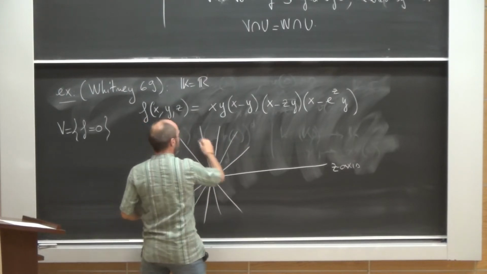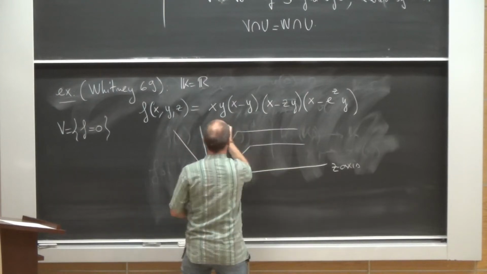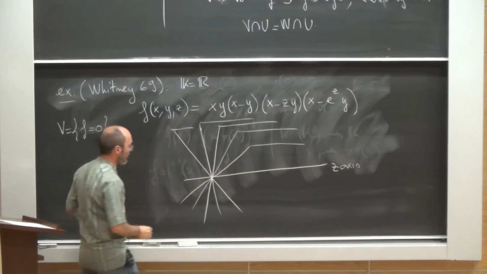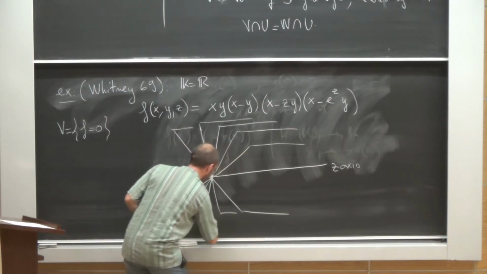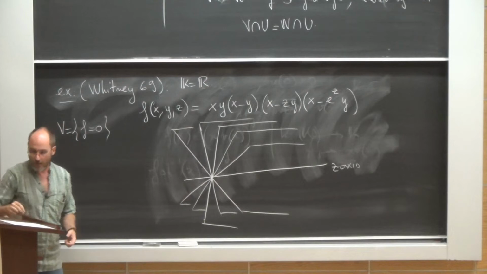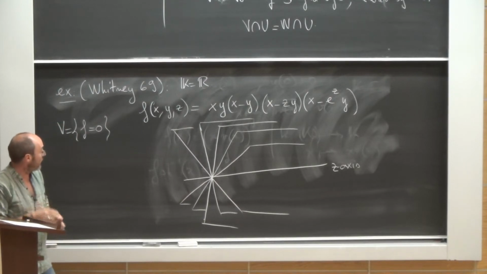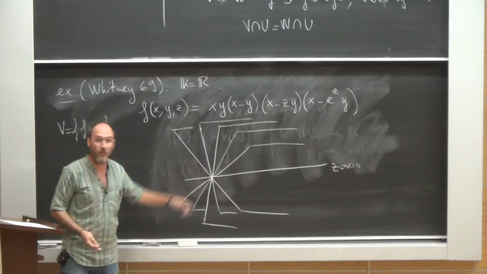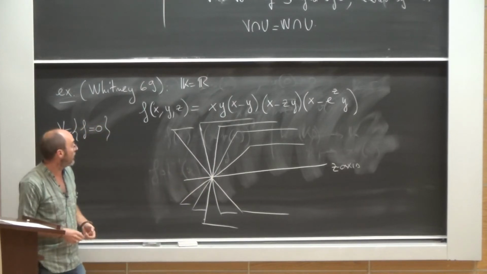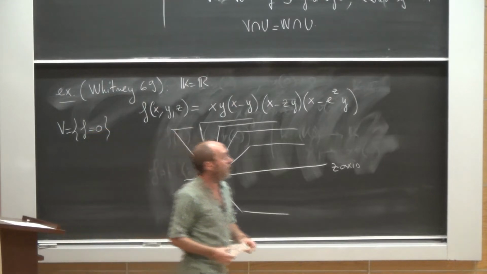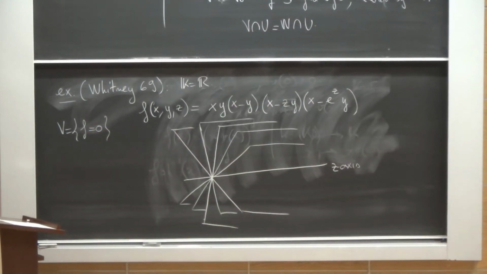Okay? And it's a surface like this. So what is important here is that these 5 surfaces, which are smooth, intersect transversely along this axis. And so this will give a kind of negative answer to this question.